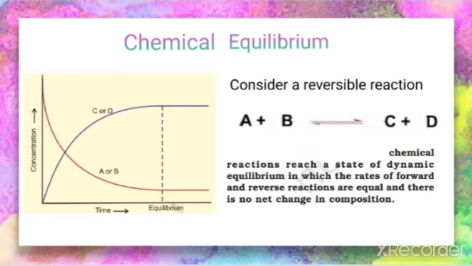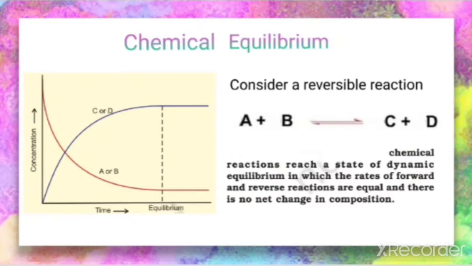That means for the reversible reaction, as the two opposite processes are taking place at the same rate, the rate of forward reaction is equal to the rate of backward reaction. So we can say that there is no net change in the composition of reactant and product, that is A, B, C and D. That we can easily explain through this plot.